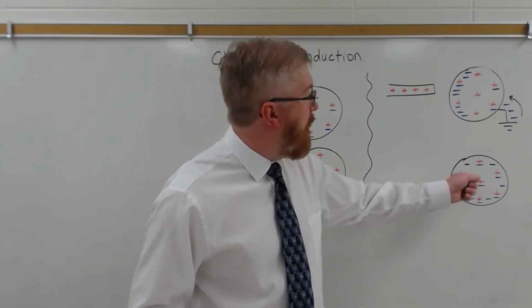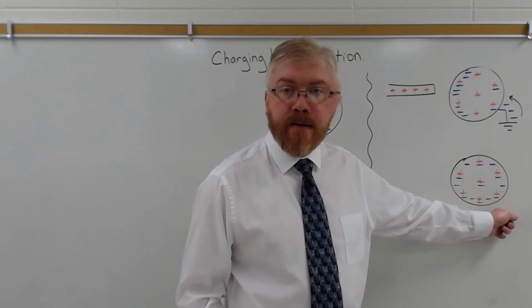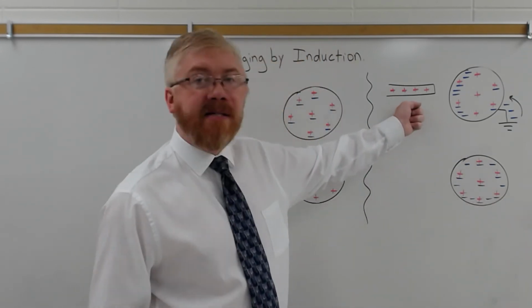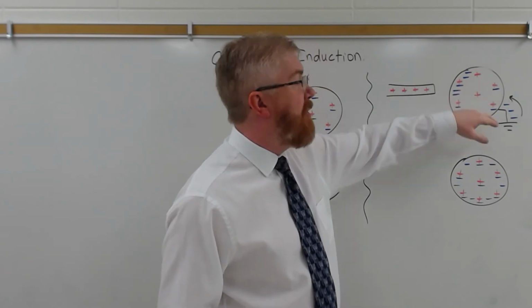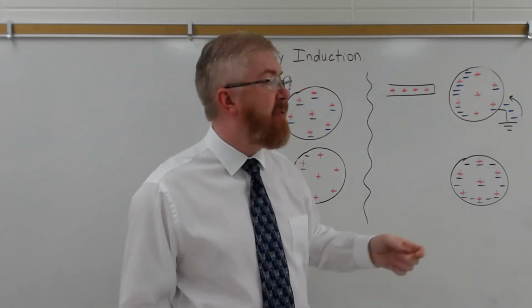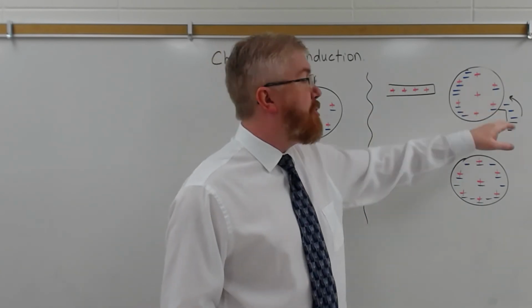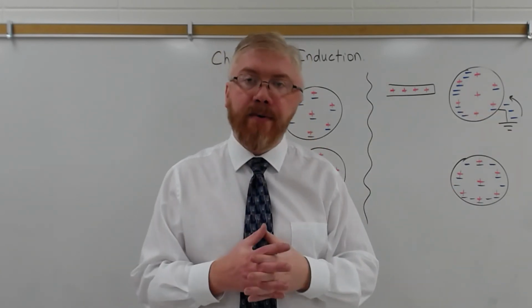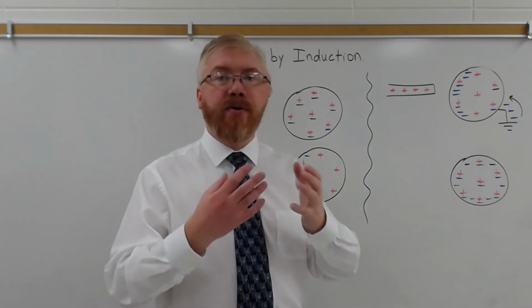So what happens when I break off the ground so electrons can't flee and I remove the positive rod? The electrons that came in because of the attractive electrostatic force from the positive charge near the ground wire are trapped on this sphere. Because it's a conducting sphere, the electrons are free to move.